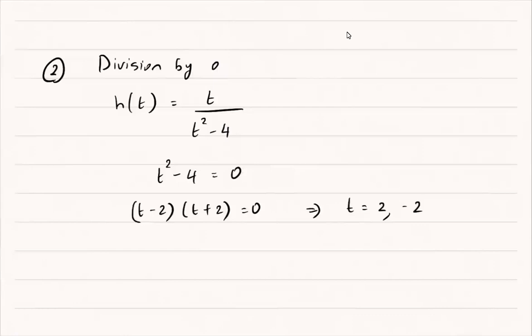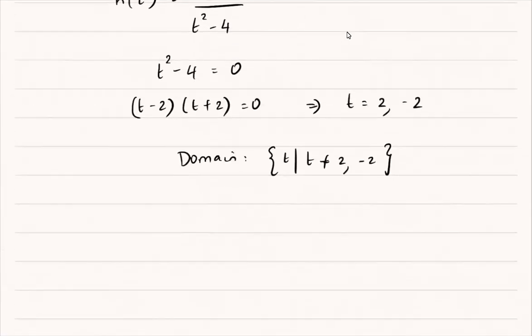So I can write my domain in two ways. I can write it as all values of t such that t is not equal to 2 or negative 2. These are the two restrictions on the domain. All other values are okay except 2 and negative 2. Now, if you're writing it in interval notation, remember, -2 and 2 are not allowed in your domain, but everything else is.